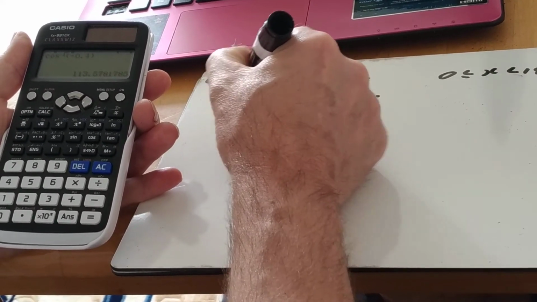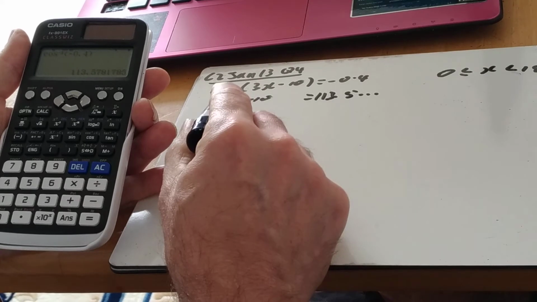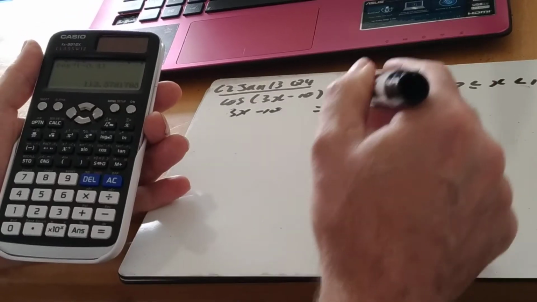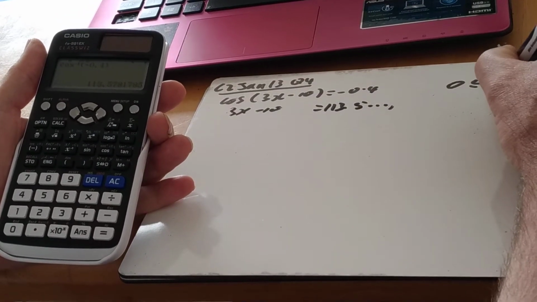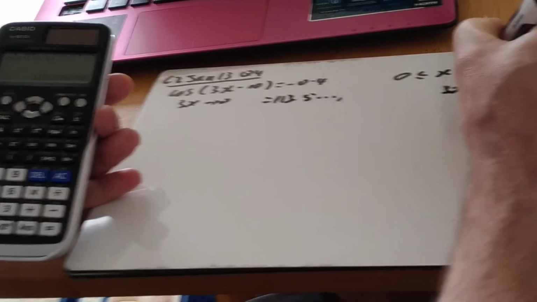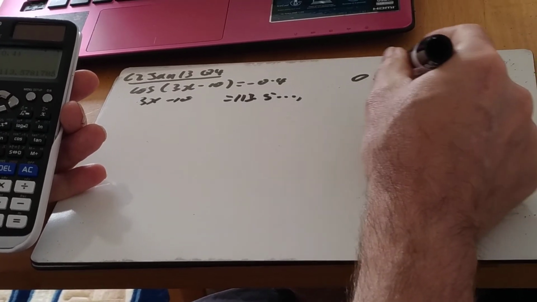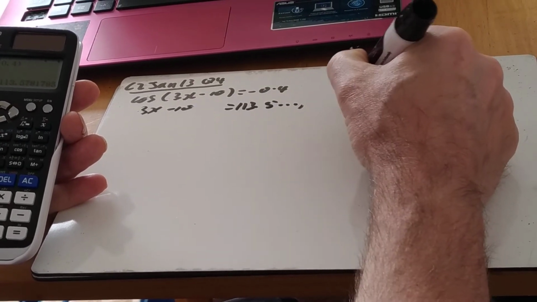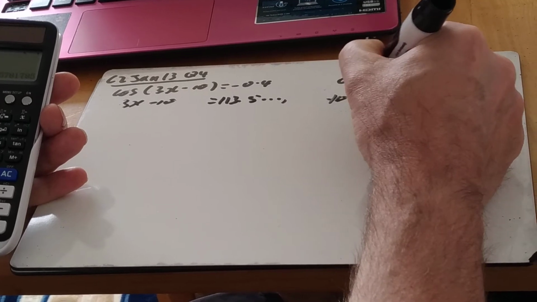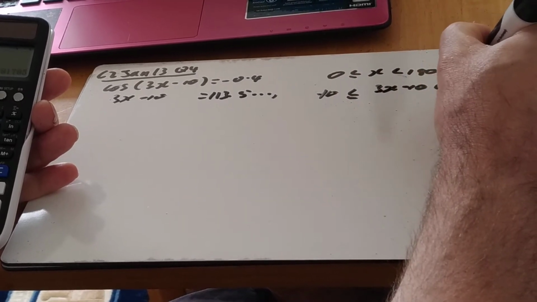And that equals 3x minus 10. So one of the answers will be when I solve that equation for x. But what I'm actually going to do is find all the answers in this new range for 3x minus 10, by timesing by 3, 0 to 540, and taking 10 off to 530. So one answer is that one.